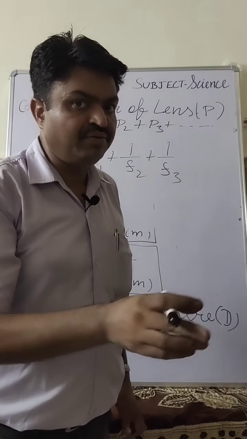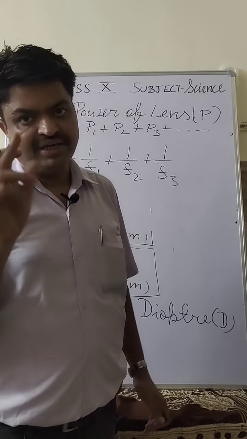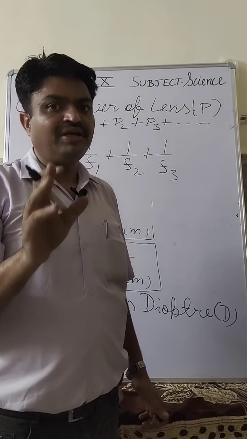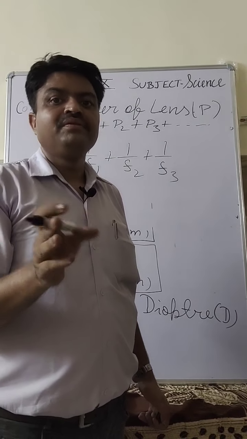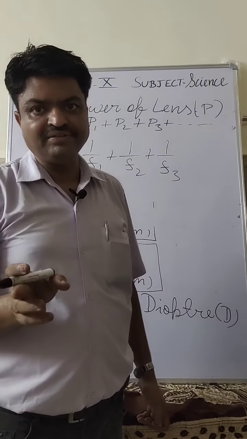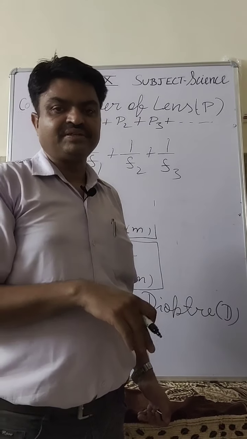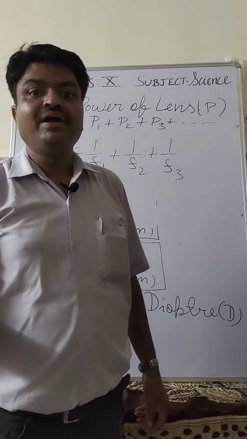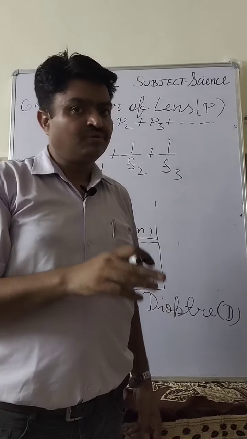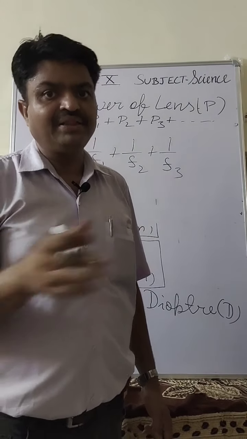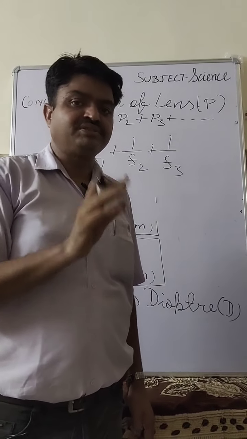And the SI unit is the diopter. So today we have covered the ray diagrams of the concave lens, sign convention, lens formulas, and power of a lens. Now we have covered all the concepts of this chapter.